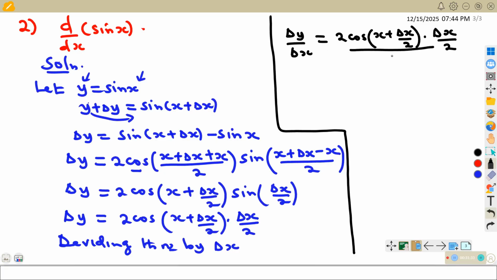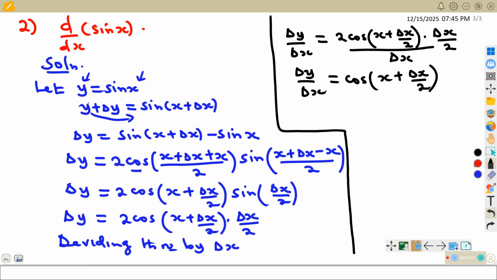We are dividing by delta x on both sides. So from this, delta y over delta x: 2 will cancel, delta x will cancel, and we remain with cos of x plus delta x divided by 2.